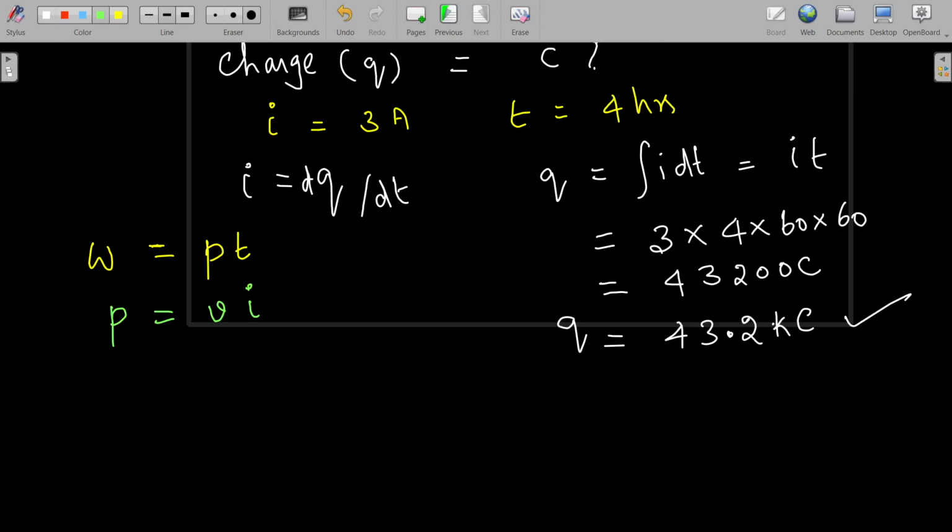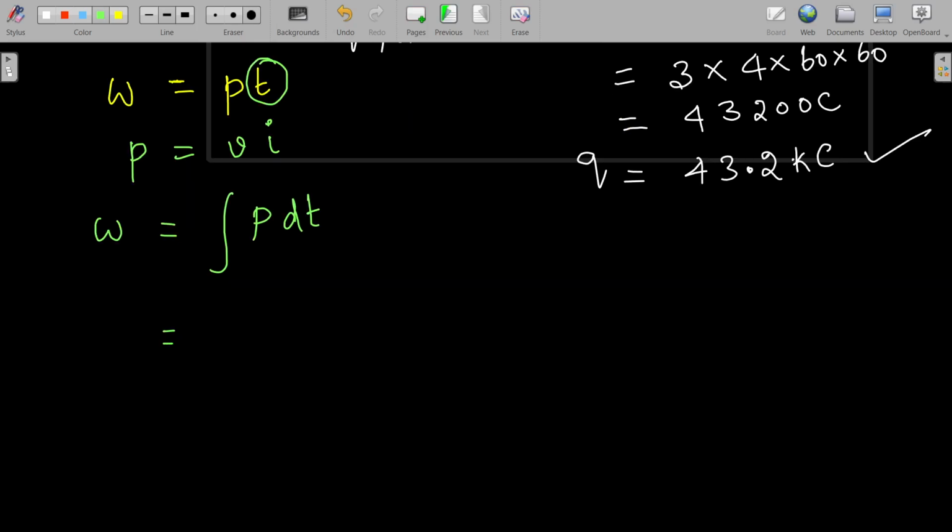To find this W, you can write it as the integral of P dt. If the whole time is known, you can take it as t. If the whole time is not given, then you can go for this integration. So W is equal to the integral of V times I dt. V is given as 10 + t/2, multiplied by the current, which is already given as 3 amps, into dt. So 3 is constant, so you can take it outside.